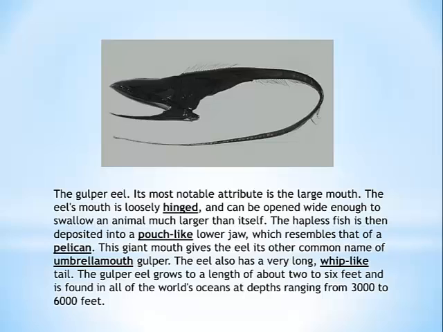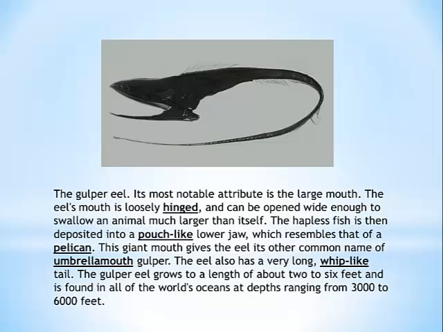The hapless fish is then deposited into a pouch-like lower jaw, which resembles that of a pelican. This giant mouth gives the eel its other common name of umbrella mouth gulper. The eel also has a very long whip-like tail. You'll notice that I've underlined and placed in bold the analogies.